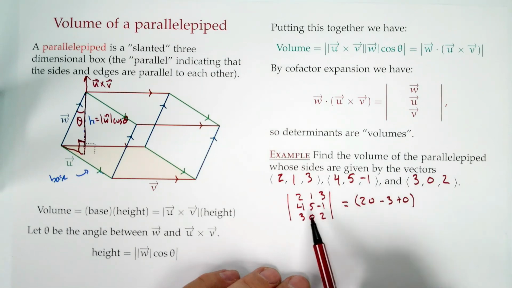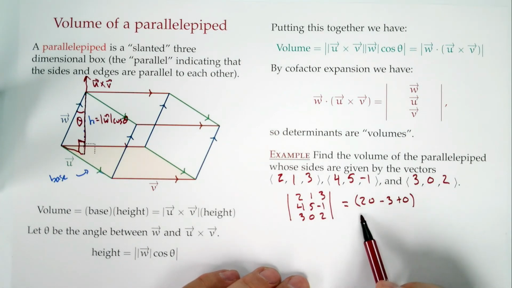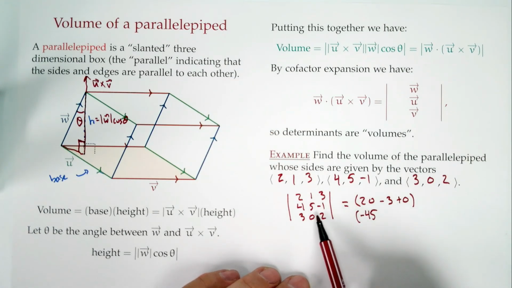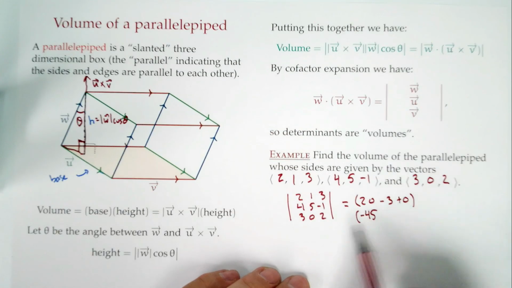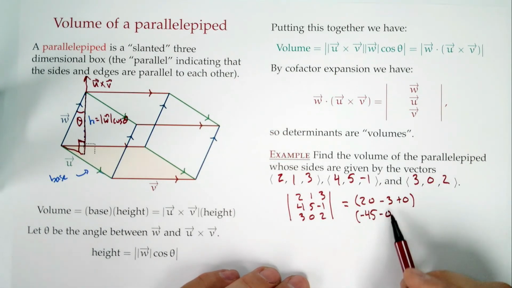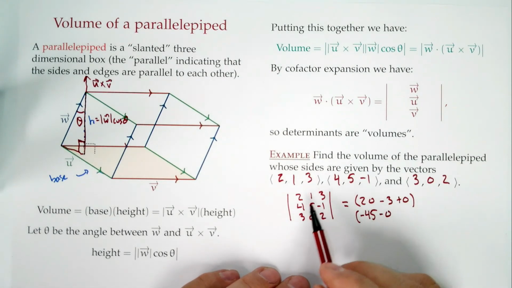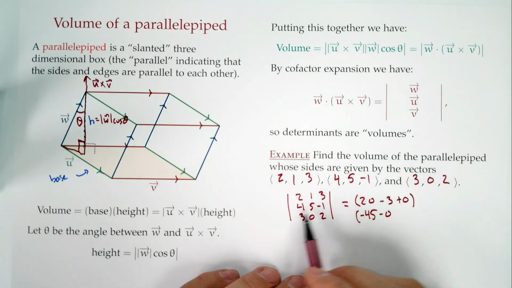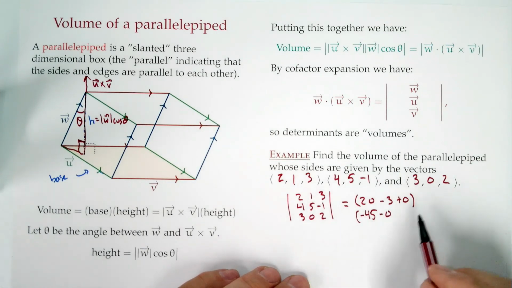And now, what's the other ones? 3 times 5 times 3. Well, that's 45. Subtract. All right? 0 times minus 1 times 2. That's 0. But remember, we're going this way. So it's not just 0. We subtract 0. And 2 times 4 times 1, 8. But again, because we went this way, and with wraparound, we subtract 8.